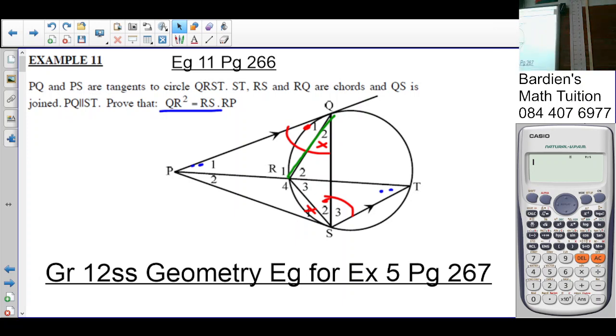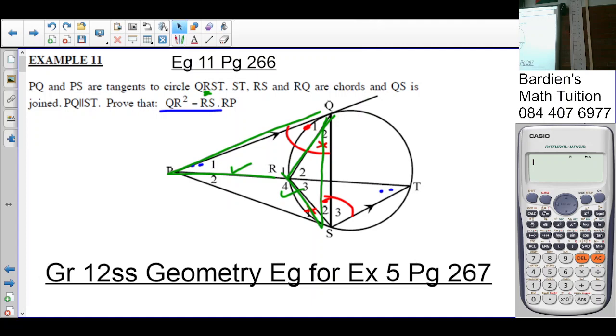QRP is one triangle here. On the other side of the equal sign, they use RS, which we will pick up if we use that triangle, and RP, which we pick up once we use triangle QRP. Does it make sense, people?